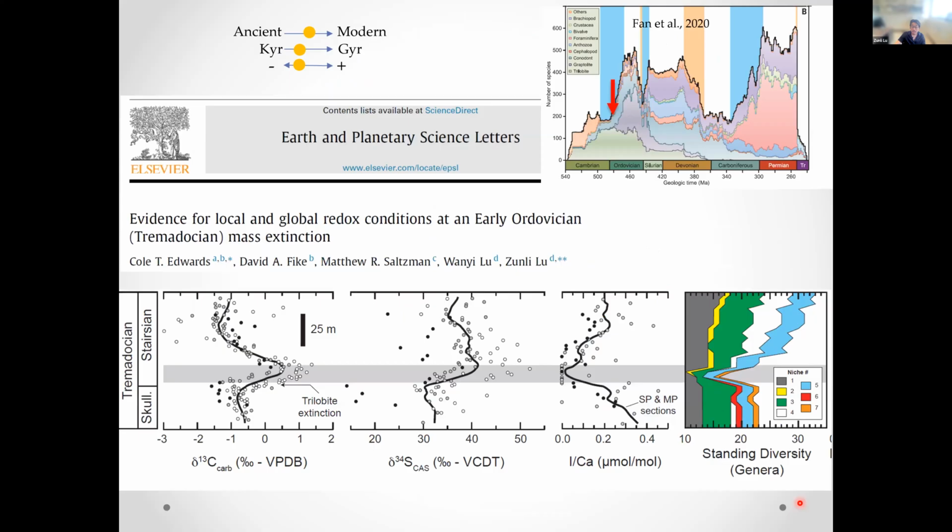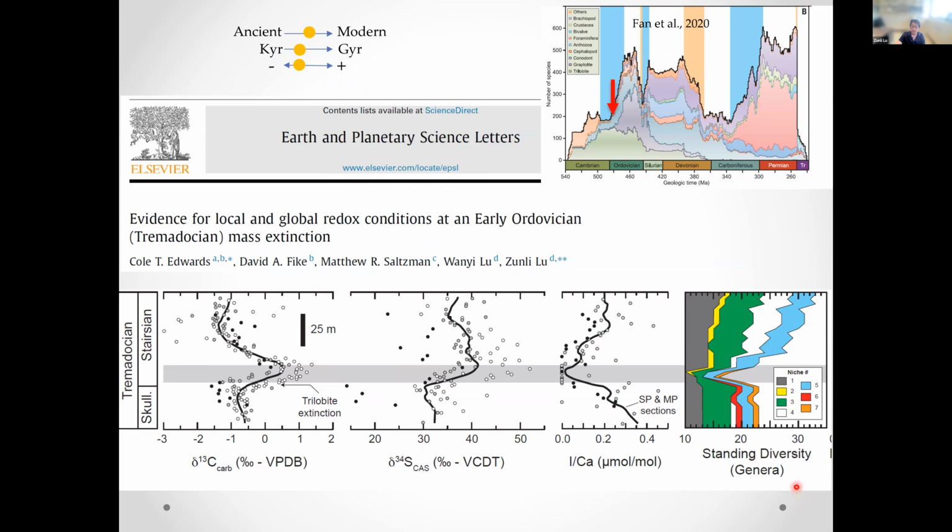Next, I'm going to show you that as we gradually move into a high PO2 world, the ocean can still lose oxygen periodically, and that will result in some of the possible mass extinction events.